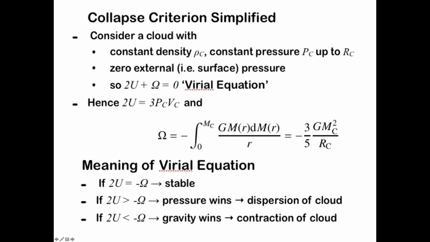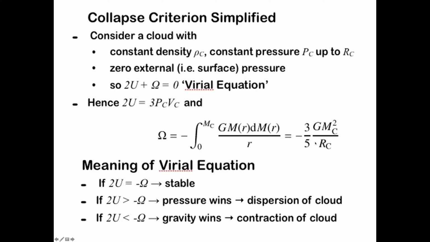And if you put in the mass of the cloud as a function of radius, which is in this case a sphere, but of course you can also use other shapes, you have 4/3 π ρ r cubed, and then you have dM(r), so you have to do the differential of that, and you end up with this equation here.